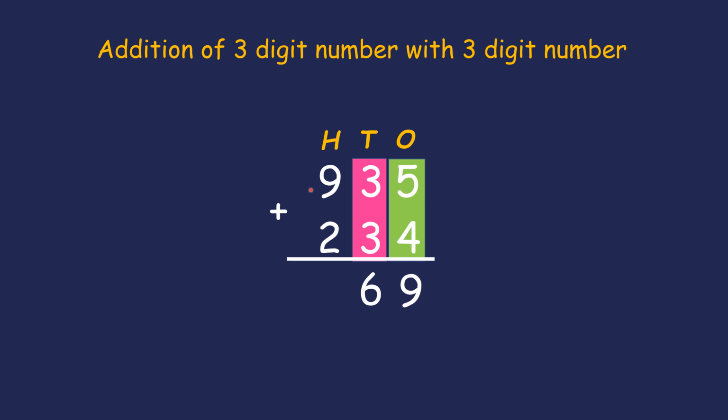Then let's add the hundreds place. 9 plus 2, that's 11. Then let's count from right to left. 1, 2, 3. That's where we put our comma. Now, our answer is 1,169.